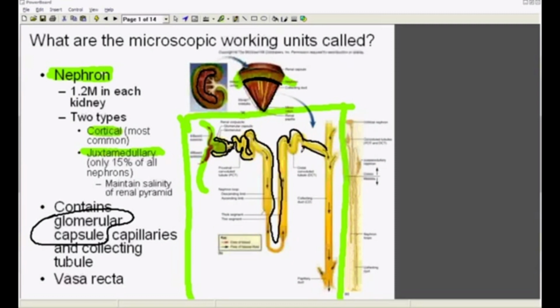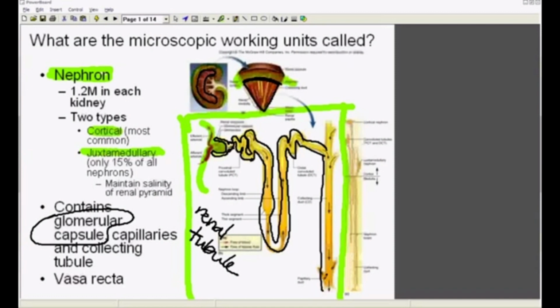This tubule has some discrete parts that I'll get to in another slide. For now, you can call it just the renal tubule. And the renal tubule eventually dumps its forming urine into something called the collecting duct, or collecting tubule if you want to.